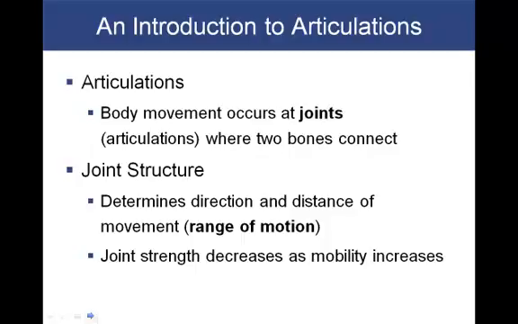If you just think for a while, the head of the humerus articulates with the glenoid fossa of the scapula, creating the shoulder joint. And that particular joint has a very wide range of motions. We can move our shoulder joint in a lot of different directions.